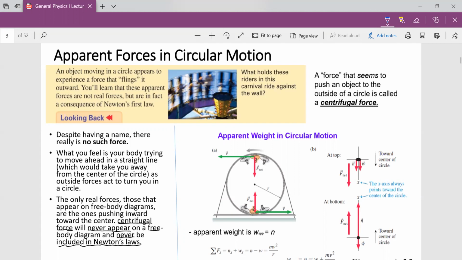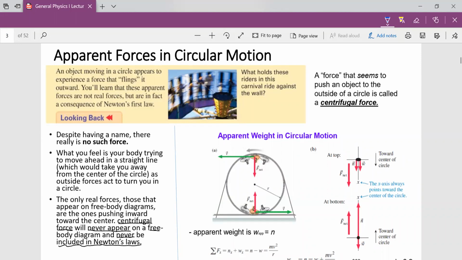Let's take the regular example of a car making a curve at a speed that you can feel. You feel like you're being flung towards the door, outward, as if you're experiencing a force pushing you outward.